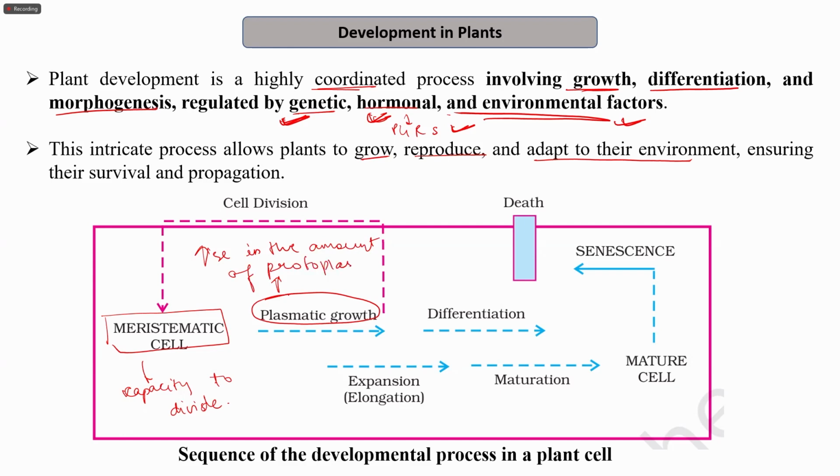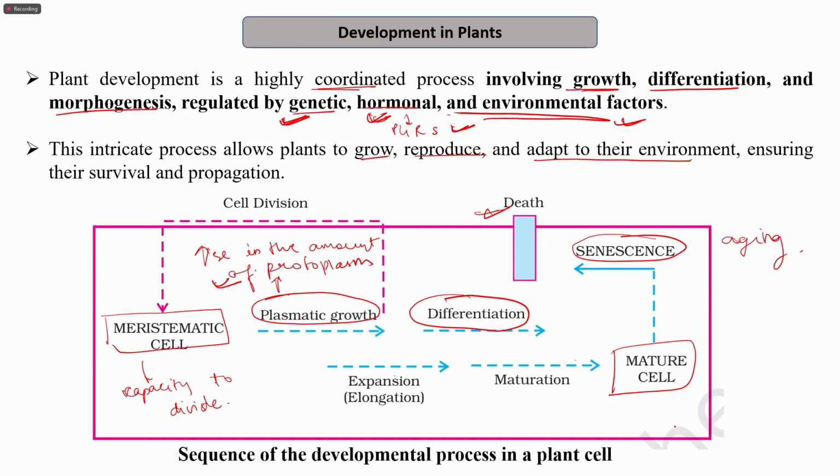Not plasma, protoplasm. So it is plasmatic growth. With the increase in the amount of protoplasm, the cells can undergo division, and expansion and maturation happen, resulting in the formation of mature cells. These mature cells are formed as a result of differentiation, expansion, and maturation, and the mature cells undergo senescence. That results in death. Senescence means old age, aging.